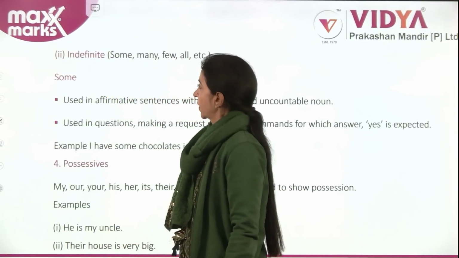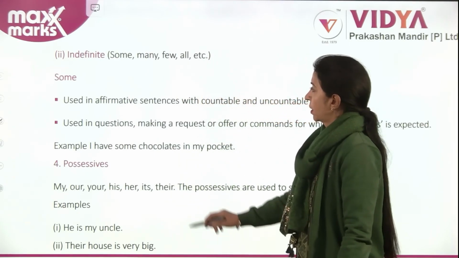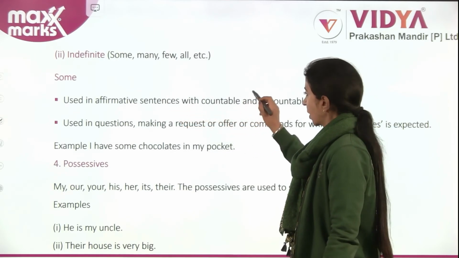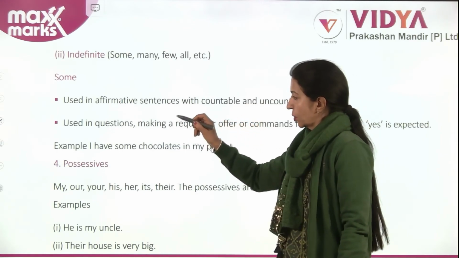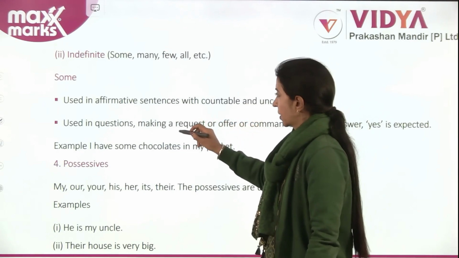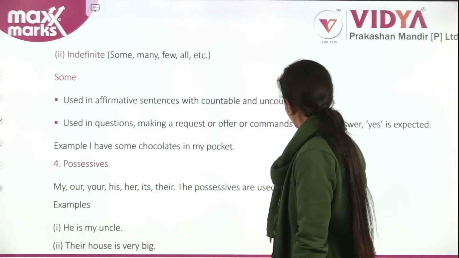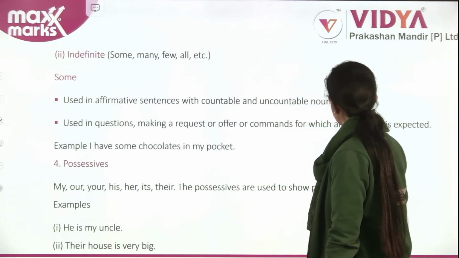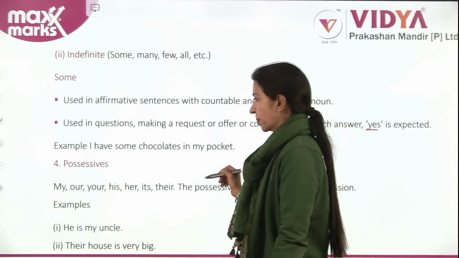Now, indefinite: some, many, few, all. Some is used in affirmative sentences with countable and uncountable nouns. Used in questions, making a request or offer or commands for which the answer yes is expected. Example, I have some chocolates in my pocket.